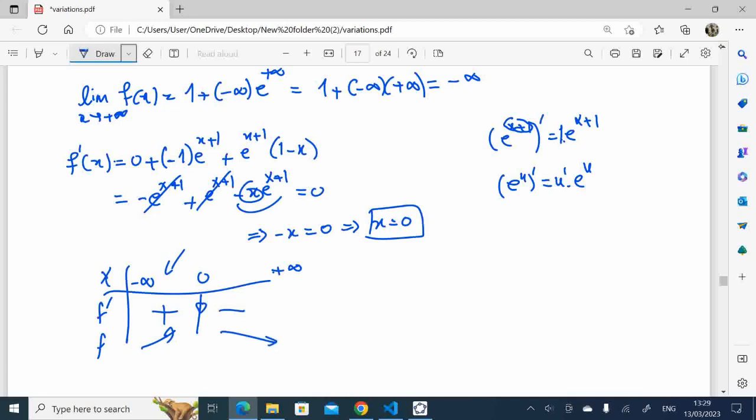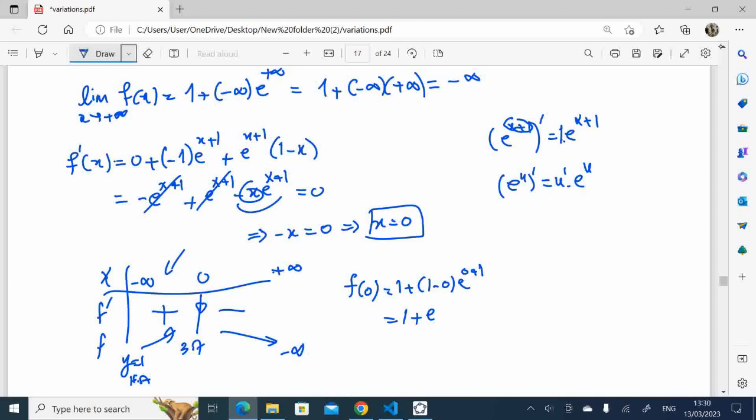As x approaches minus infinity, we have seen y equals 1 as a horizontal asymptote, and as x approaches plus infinity, it's minus infinity. At 0 there is the maximum. If I find f of 0, it's going to be 1 plus (1 minus 0) e^(0+1), which is 1 plus e, which is approximately 3.7.